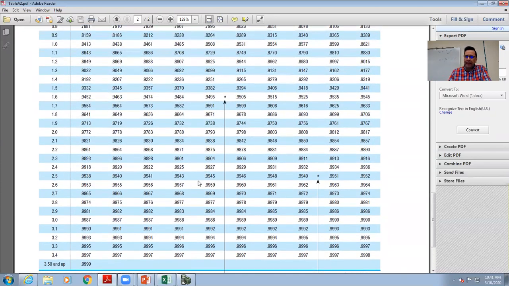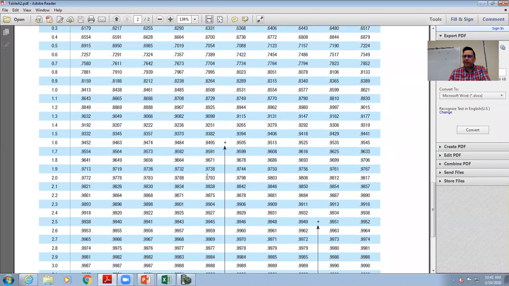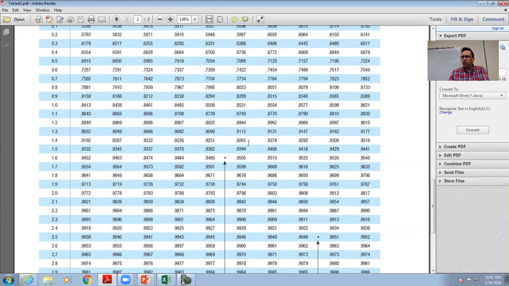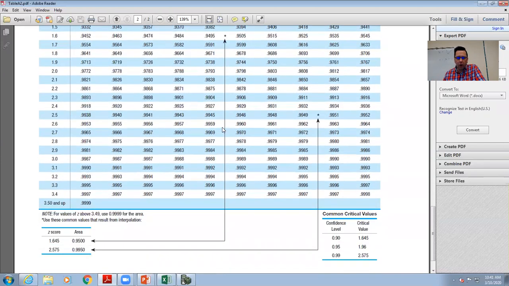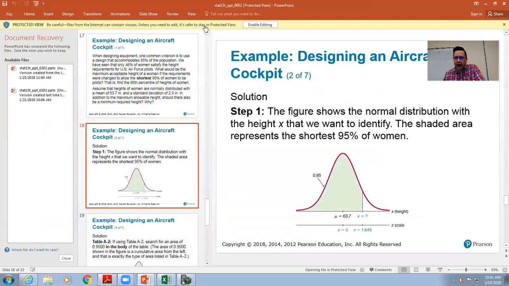Now, normally, if you're looking for a specific area in the table and you don't find it, I usually just recommend go with the one that's the closest. Like if I was looking for 0.9000, I would just use this because that's the closest. Okay. So we will go with a z-score of 1.645.